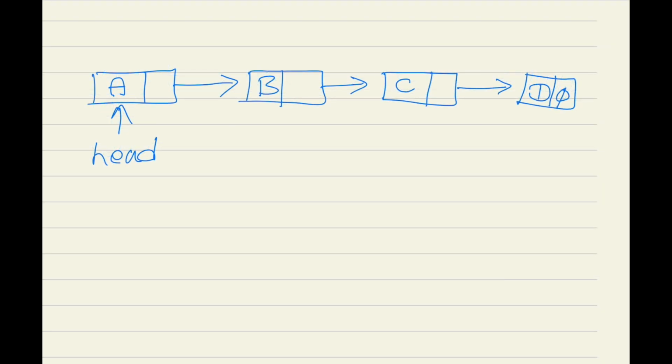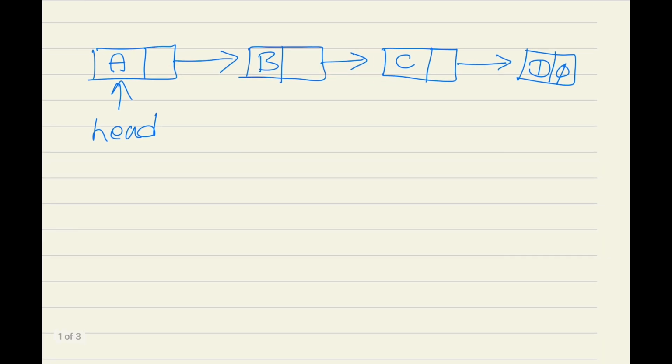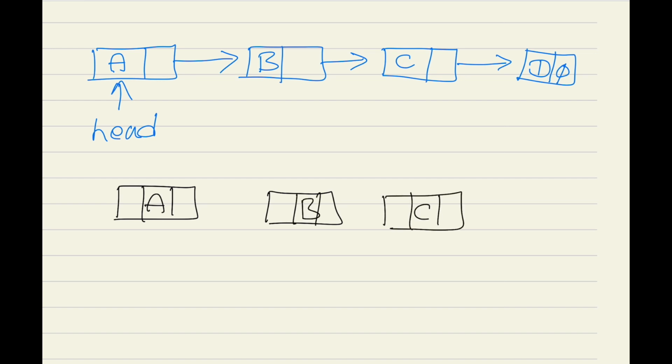Now, if we keep two links in each node, then we can easily traverse in both the forward direction and the backward direction. That means the structure will be like this. Suppose the data is A, and another node that contains data B, and another node that contains data C, and another node that contains data D. Now, each node has two links.